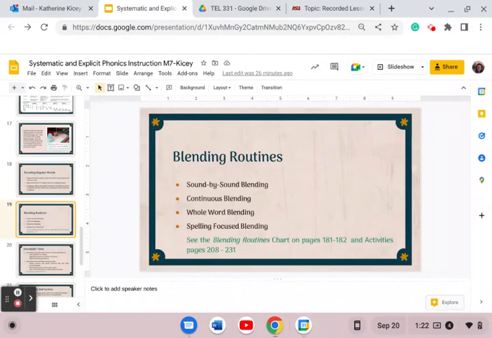So there's sound by sound blending, where you'd use every sound and put it together. Continuous blending. Whole word blending would be when they read the whole word together. And spelling focus blending: how is the word spelled, and how would you put those chunks together? There's a really great chart on pages 180 and 182, and there are also activities of blending routines on pages 208 to 231 in your text.